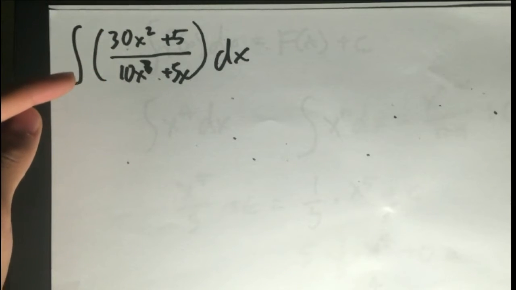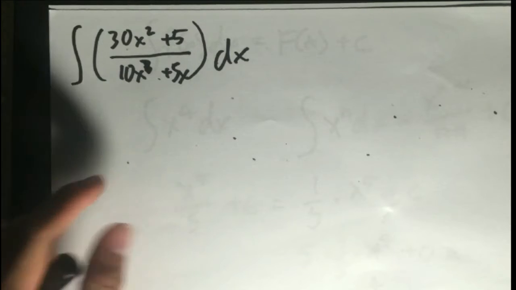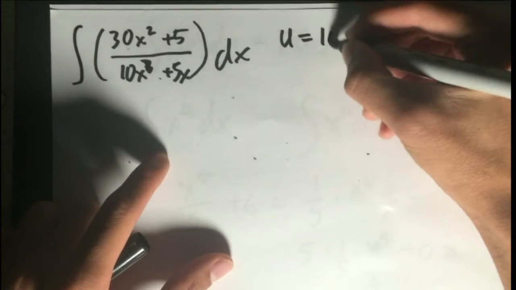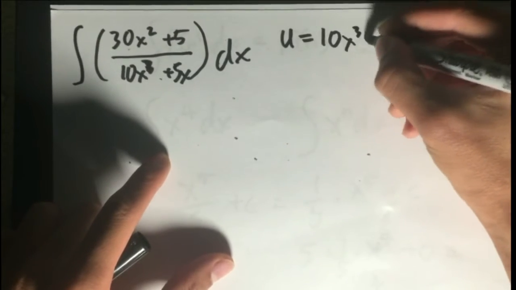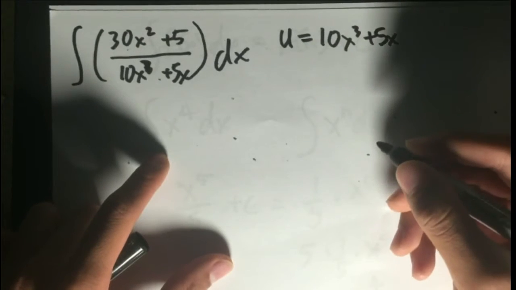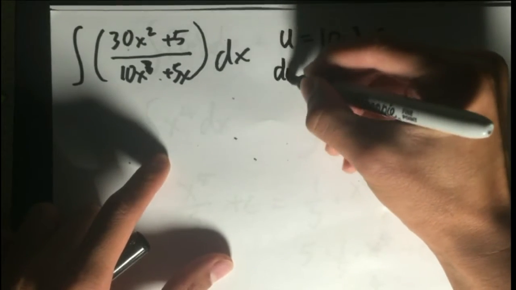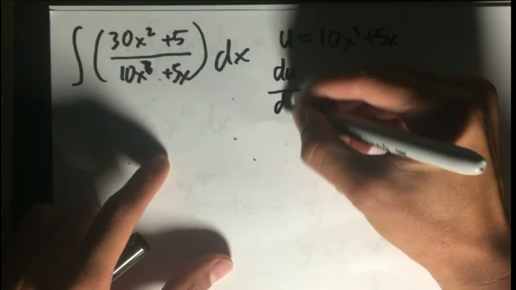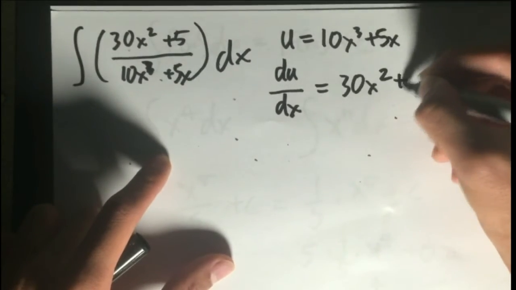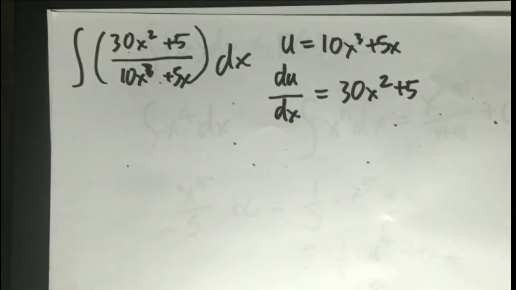So if we replace those values with U, it'll look something like this. Now, the derivative of U looks like the top portion.